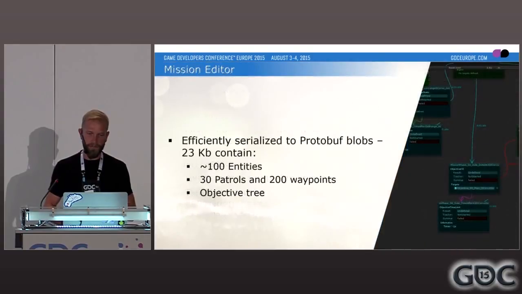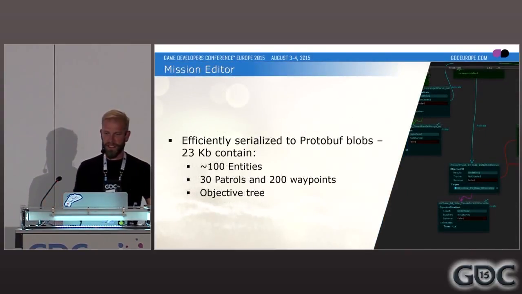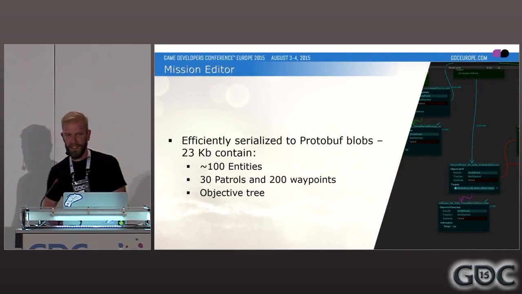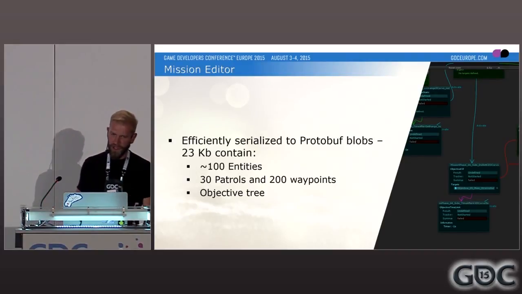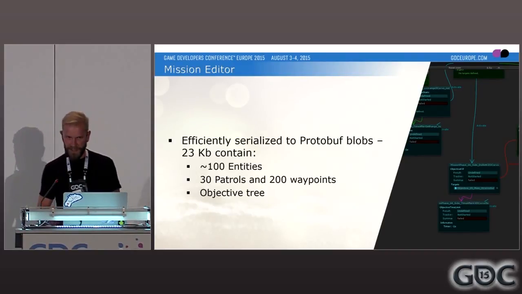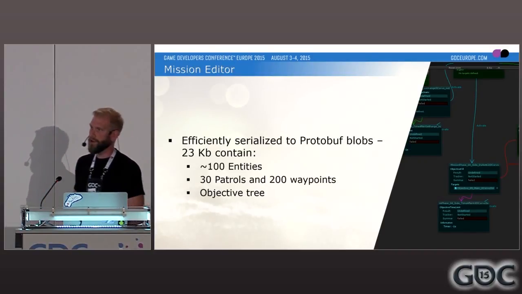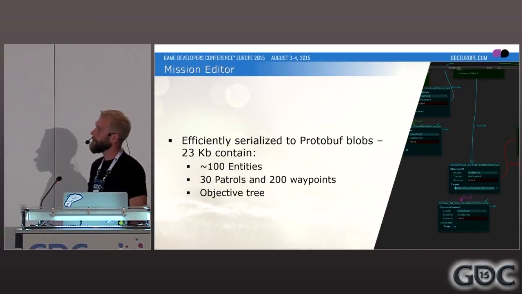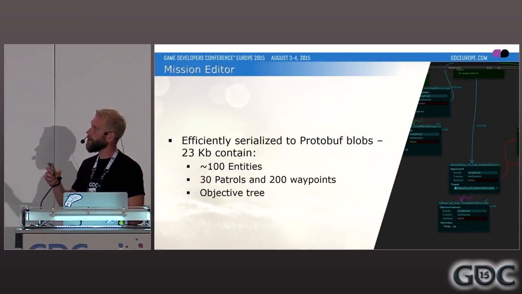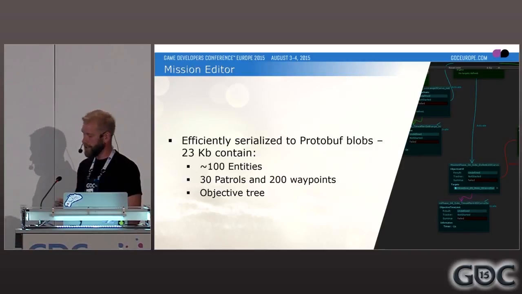And as I said, initially we used Unity for serialization. It turned out that Unity serialization is not the best idea if you want to be flexible in regards to version, and also in regards to speed and memory overhead. So at some point we switched over to the Google Protobuf implementation, and this turned out to be a very good idea. In a really small data set, we can store a lot of information.